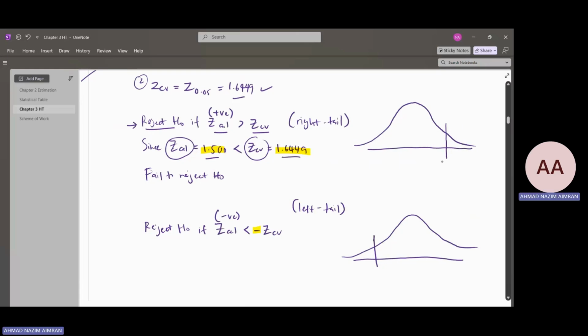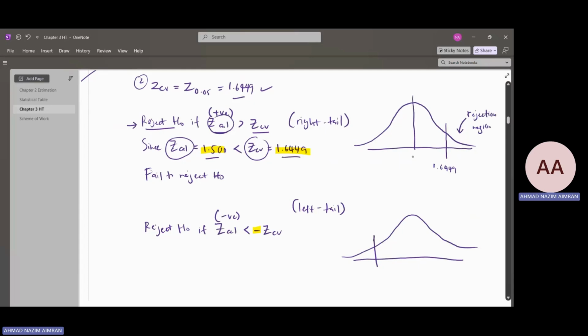If the Z calculated here falls in this region, it means that we have Z critical value of 1.6449. So if the Z calculated is more than 1.6449, it falls under the rejection region.